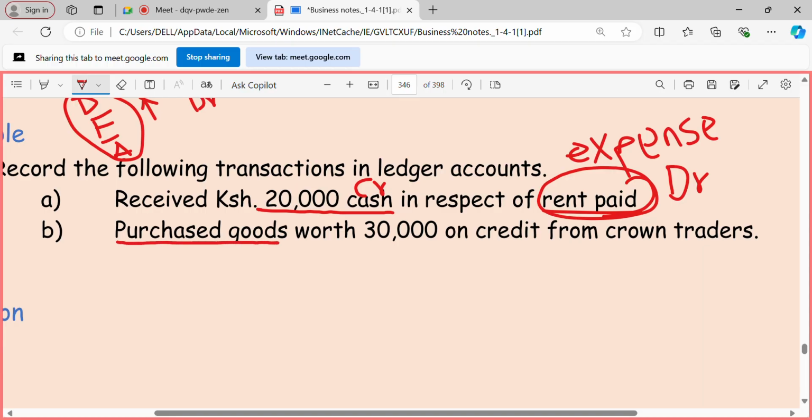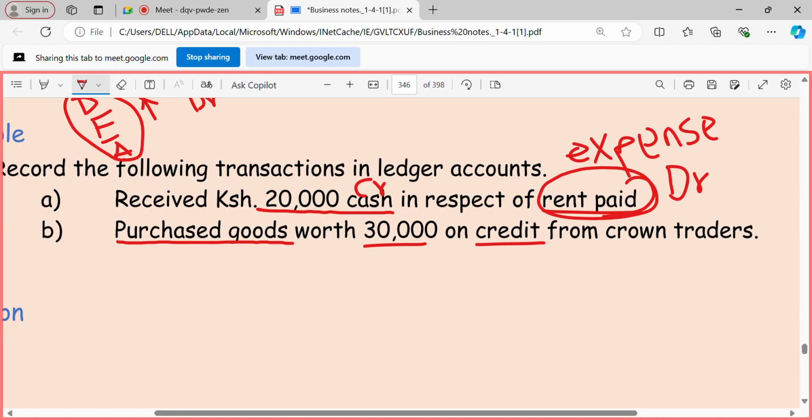Aya, let's talk about this lower one. Hiyo transaction moja tumemaliza. Let's talk about this lower transaction, before I give you a chance to ask some questions. So, purchased goods worth 30,000 on credit from Crown Traders.